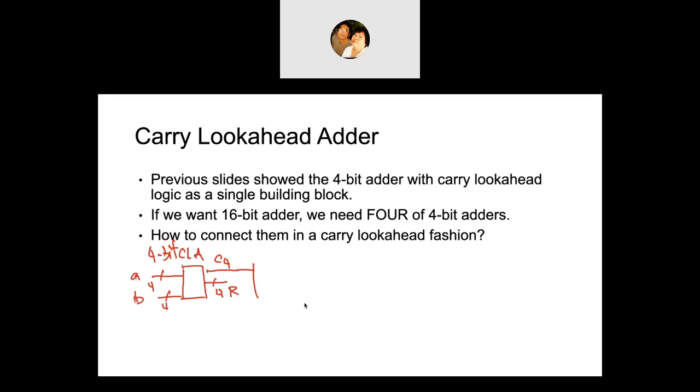We can have something like this, 4 boxes. This is how we put them all together in the ripple adder fashion. Because you notice that I put C4 as the C-in of the next block. So I get C8 here. And then I can have C12 here as the input of the next one. And finally, I can get C16. If I have the circuit like this, what is the gate delay for this kind of circuit?